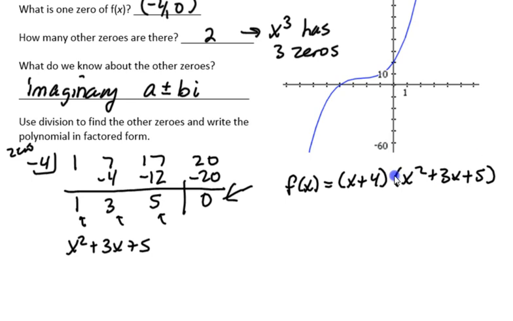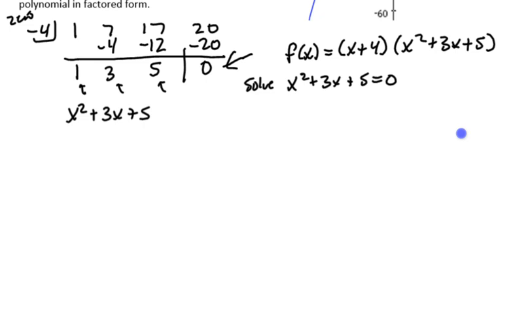And this is called an irreducible quadratic factor because it can't be factored anymore. But I can still find what the other two zeros are by setting this equal to 0 and using the quadratic formula. So I want to solve x squared plus 3x plus 5 equal to 0 using the quadratic formula.